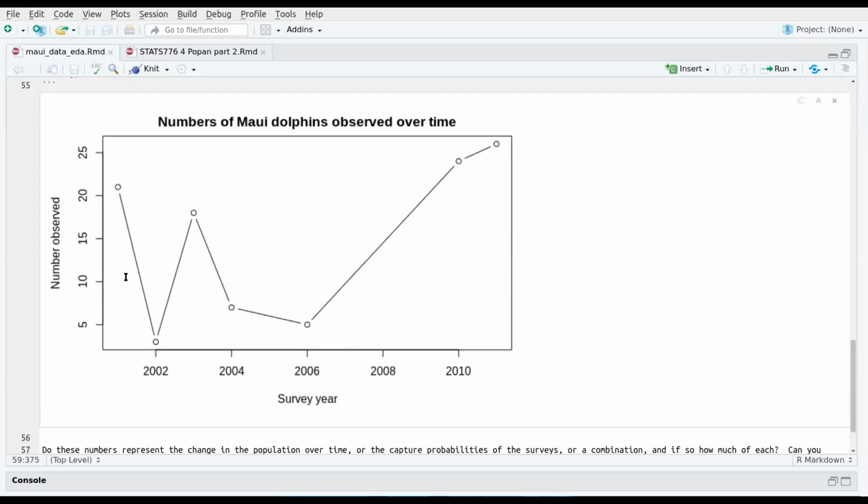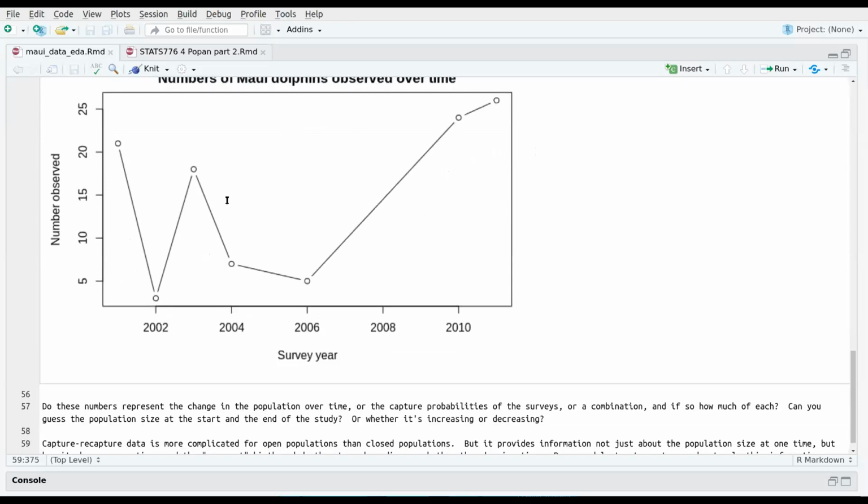So we don't know if these numbers are going up and down because the capture probabilities are different or because the population size is actually changing. So you could sort of imagine maybe the population sort of dipped in the middle and is increasing towards the end. It's pretty hard to tell.